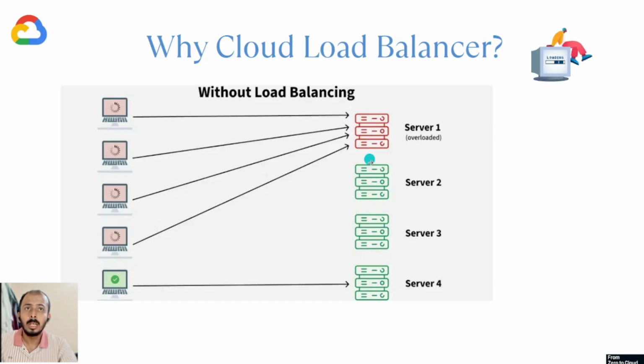As you can see, the other servers are free, but no traffic is being redirected to them, and all the traffic is going to server 1. That makes server 1 overloaded with traffic. So without load balancing, users face such issues.